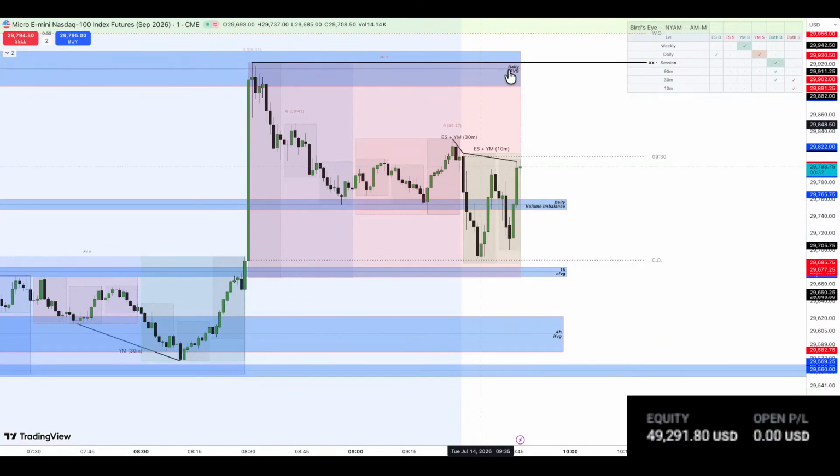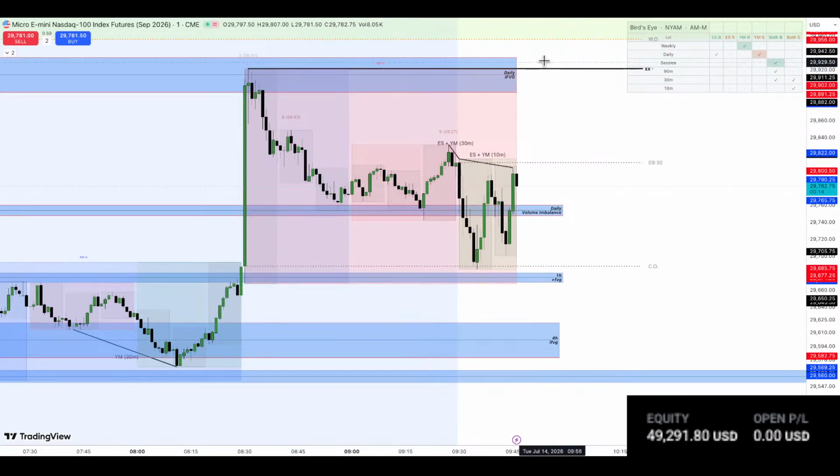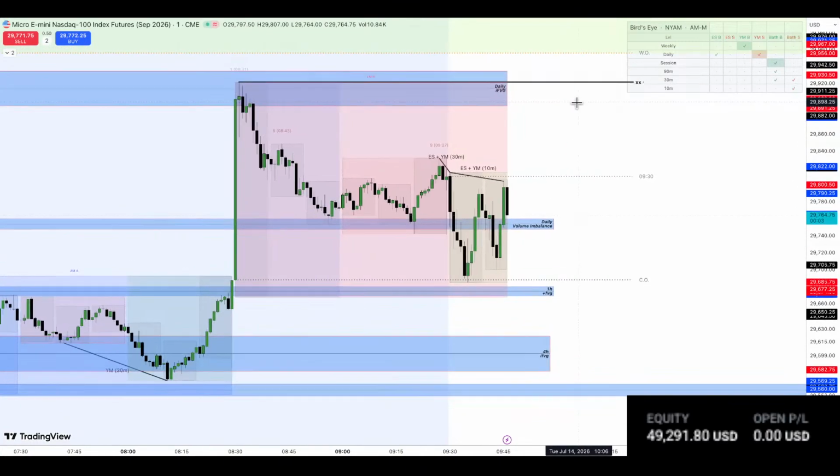Now, if price reaches this high already, then I'm gonna have to look for a trade to short it, because this is a significant point of interest, and usually price reverses. If it gives me an opportunity to short it, then I will short it. So for now, I'm just gonna have to wait until the market gives me something.